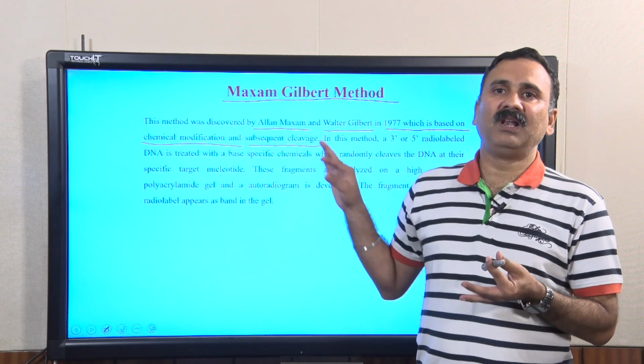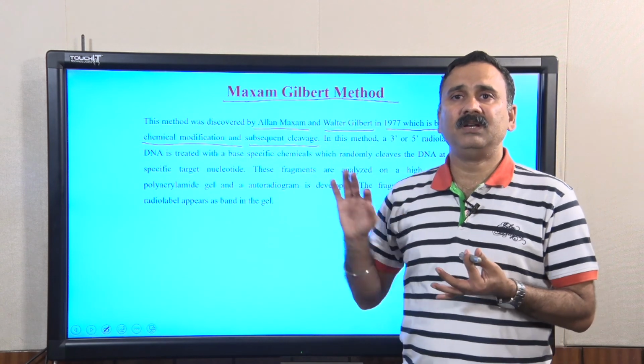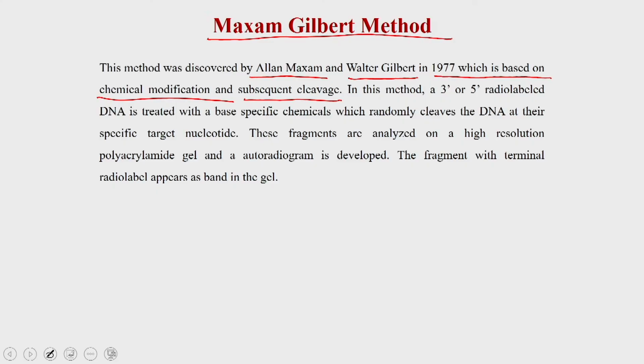Whereas, the Maxam-Gilbert method utilizes base modification as well as cleavage. In this method you first modify the bases and then you catalyze cleavage reactions. Here also, you label either the 3' or the 5' end of the DNA, and then you treat the DNA with base-specific chemicals which modify the bases.